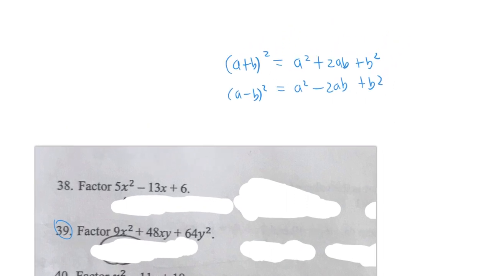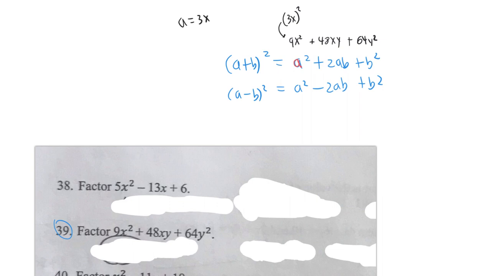I'm going to write everything here. We have 9x squared plus 48xy plus 64y squared. Now, if you think about it, in this structure, the so-called a is the number that's being squared to give us the first term. The number that's being squared to give us that first term would be 3x, so we could say that a is equal to 3x.